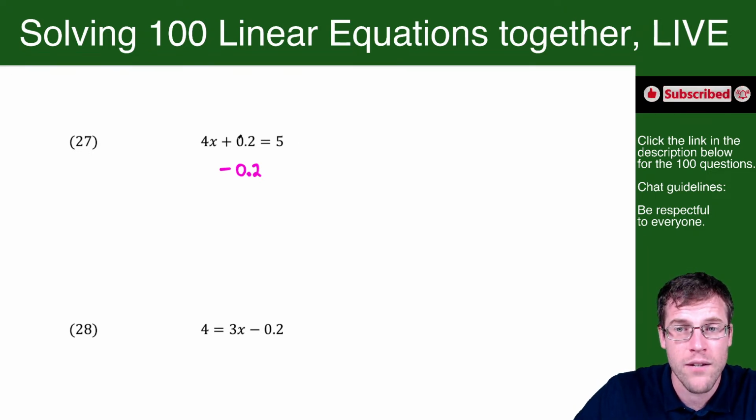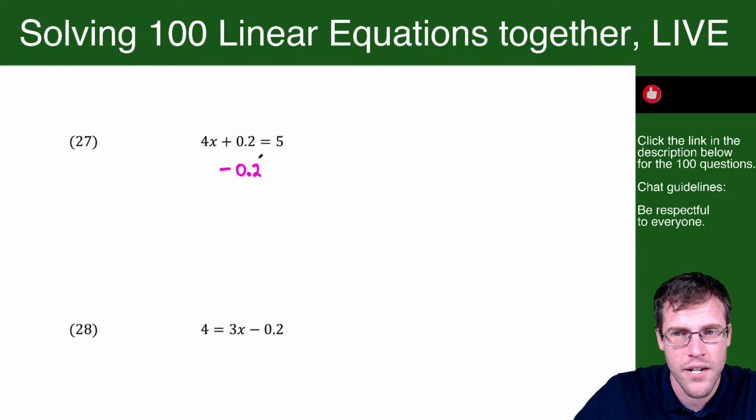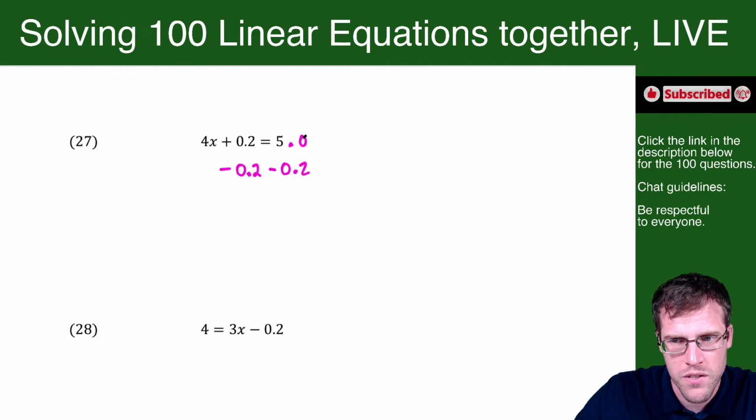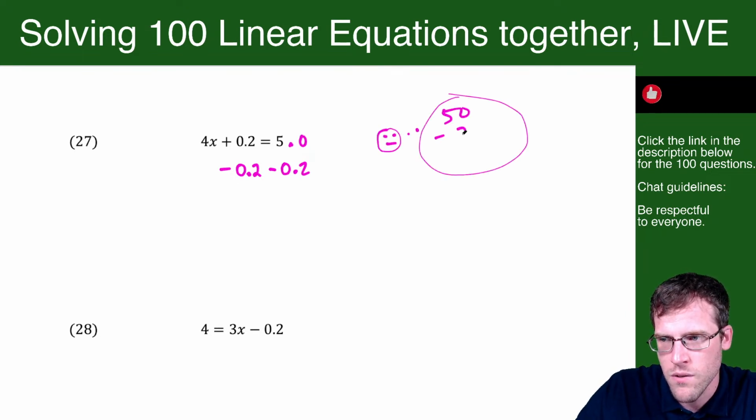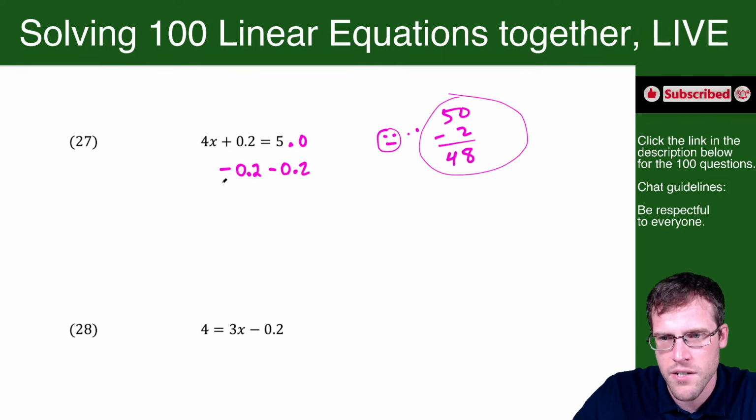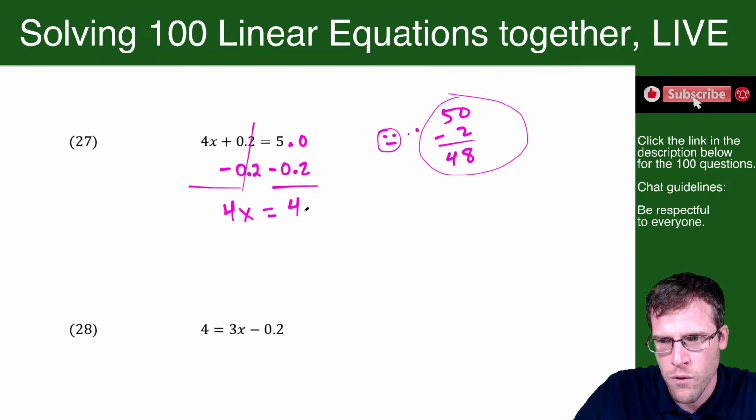All right, so we're subtracting 0.2 on each side. So minus 0.2, and I'm going to rename this as 5.0, because in my head I'm doing 50 minus 2 is 48, but instead of 48, it's going to be 4.8. So this cancels, and I have 4x equals 5 minus 0.2, which is 4.8.